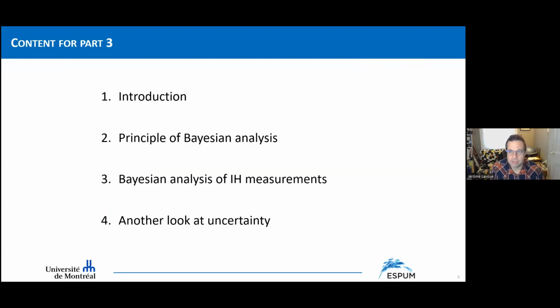So this first part will be a short introduction. Then I'll try to explain the principle of Bayesian analysis in very general strokes, and how they are applied to industrial hygiene measurements, and how Bayesian statistics permits to have another look at uncertainty.